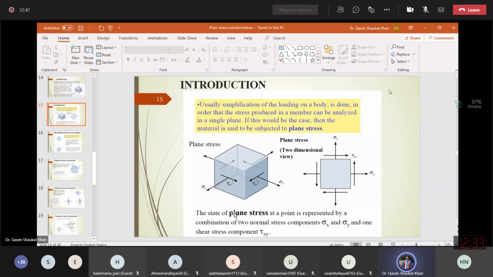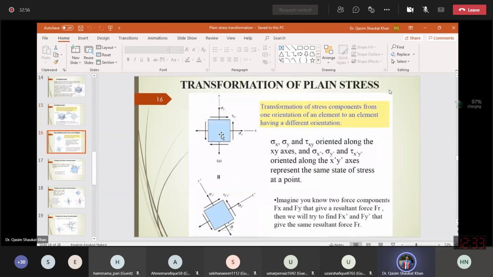The state of plane stress at a point is represented by a combination of two normal stress components, sigma x and sigma y, and one shear stress component. So this is the regular element having normal stress sigma x, normal stress sigma y, and the shear stress tau xy.